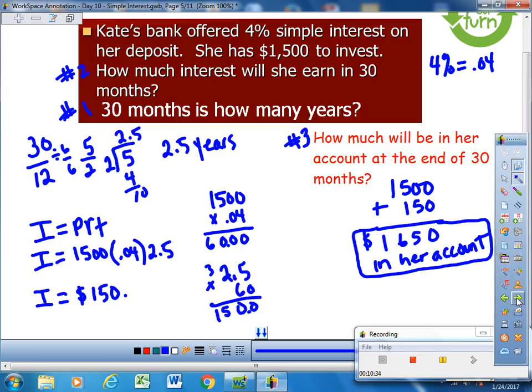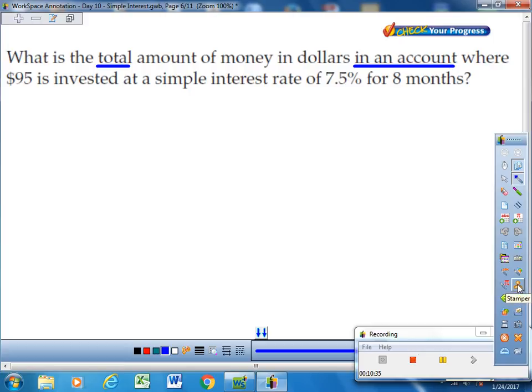All right. So the next problem is your problem, and it says, what is the total amount of money in dollars in an account where $95 is invested at simple interest rate of 7.5% for 8 months? So I'm going to make this problem actually a little easier for you.